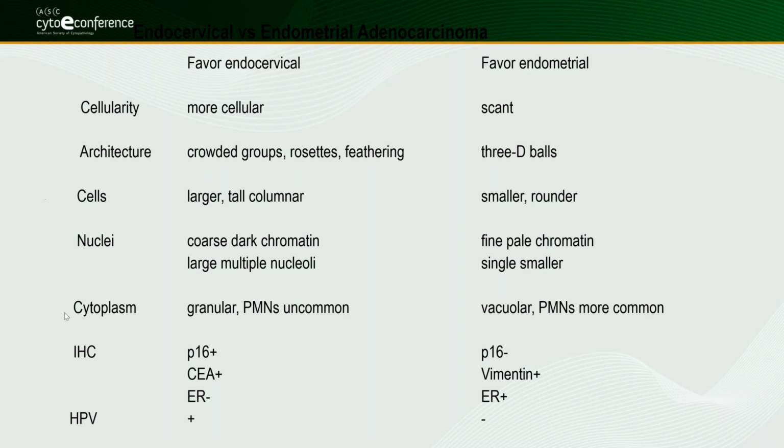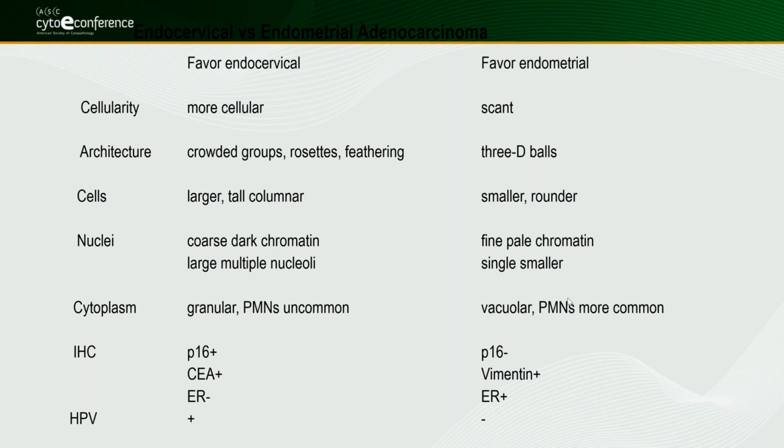So, we always try our best. For endocervical adenocarcinoma, typically you have more cells, and the cells are larger, and they have large multiple nucleoli and granular cytoplasm, and the endometrial cells are smaller, and they have less quantity on our PAPs, and they have vacuolated cytoplasm with polys.